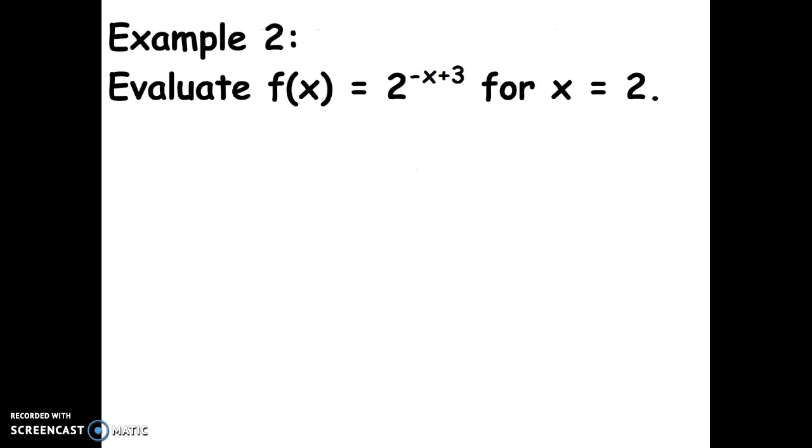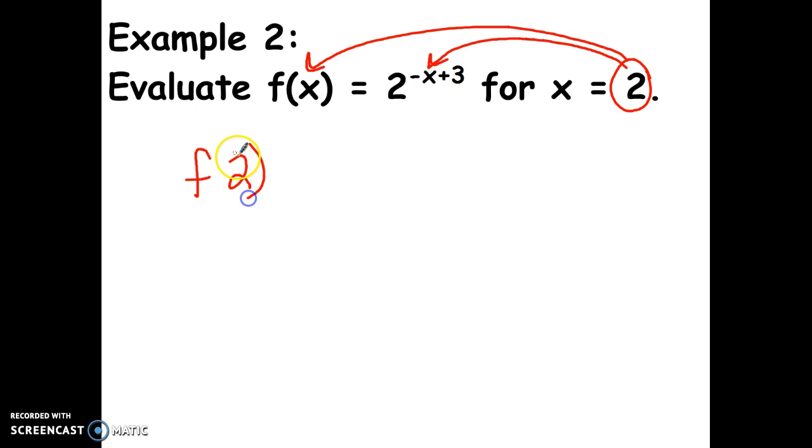Example 2, evaluate f of x equals 2 to the negative x plus 3 for x equals 2. So what we're going to be doing is substituting this 2 wherever we see x. Okay? So this is going to become f of 2 equals 2 to the negative 2 plus 3.